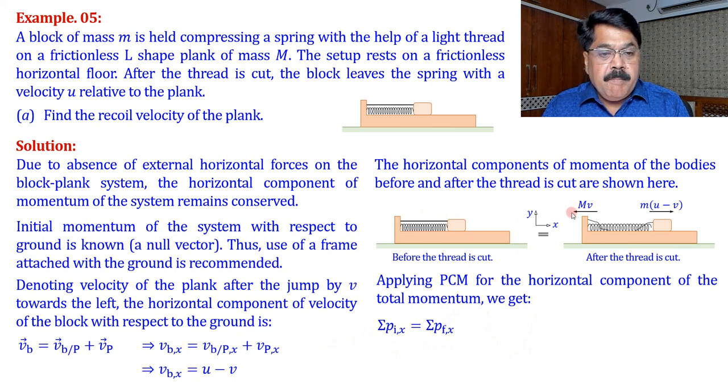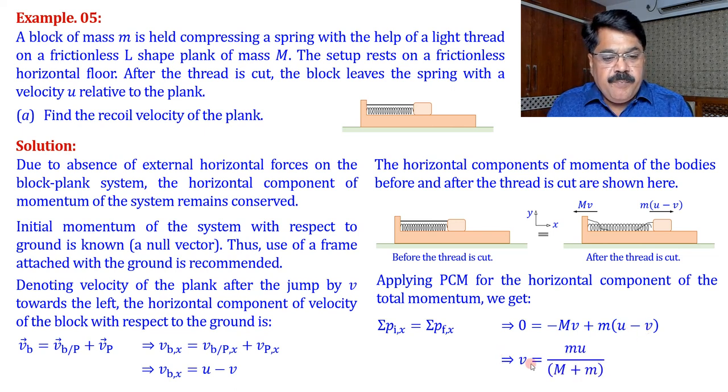Final momentum is minus capital M V plus small m into U minus V. So 0 is equal to minus capital M V plus m into U minus V, and by solving this we find V is equal to m u upon M plus m. In this way we have found the recoil velocity of the plank immediately after the thread is cut.